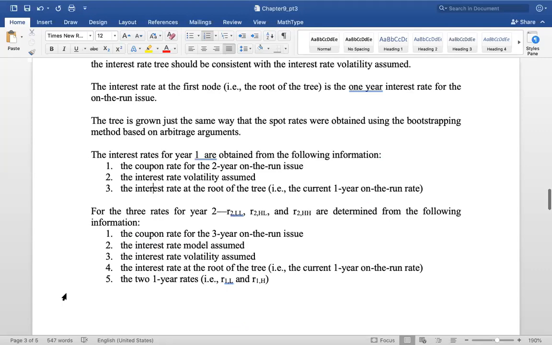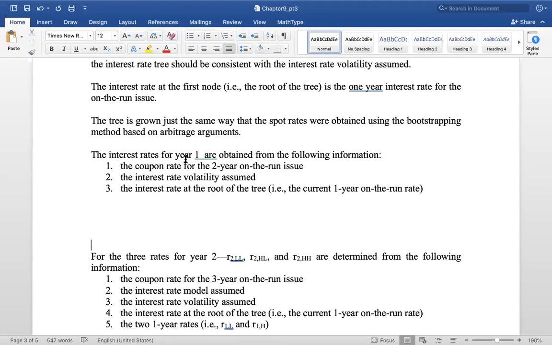If the resulting value, computed using this R1H and R1L through the backward induction method, is not equal to the market value of the 2-year on-the-run issue, then the R1L that was tried is not the rate that should be used in the tree.